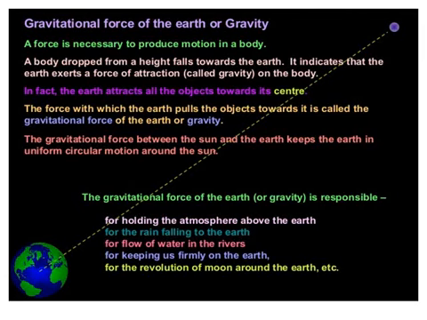In fact, the earth attracts all the objects towards its center. The force with which the earth pulls the objects towards it is called the gravitational force of the earth, or gravity. The gravitational force between the sun and the earth keeps the earth in uniform circular motion around the sun.